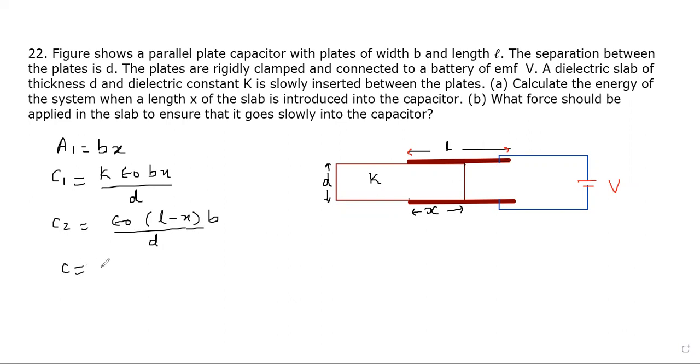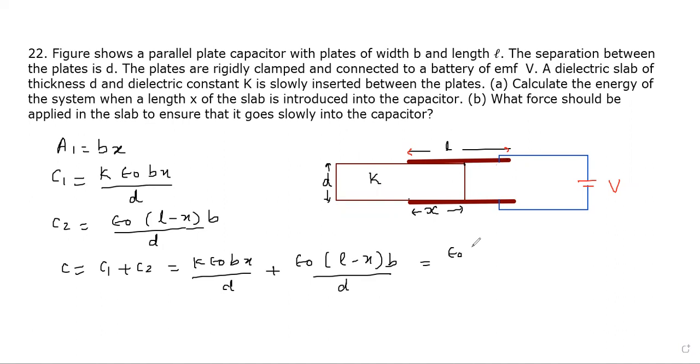So the total capacitance C will be the sum of the two, C1 plus C2, equal to K epsilon naught Bx divided by D plus epsilon naught L minus X times B divided by D. If we simplify, we get epsilon naught B divided by D times L plus X times K minus 1.